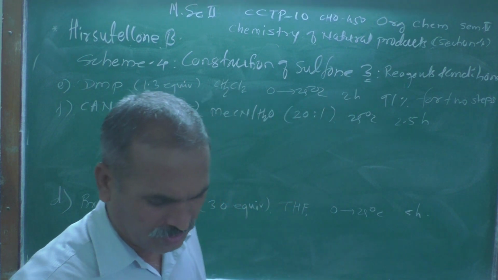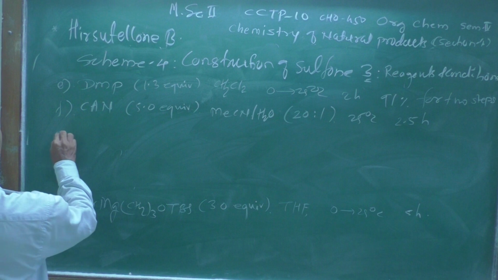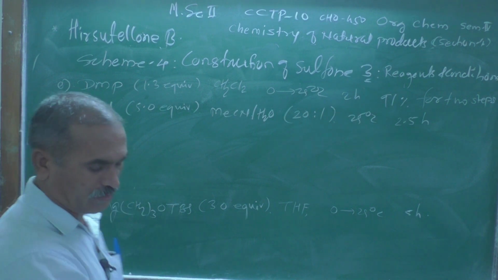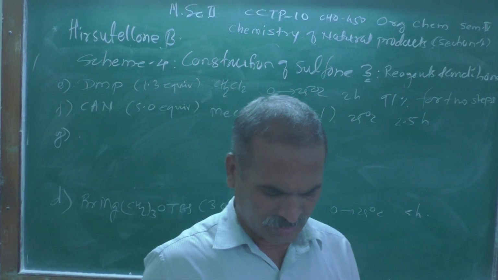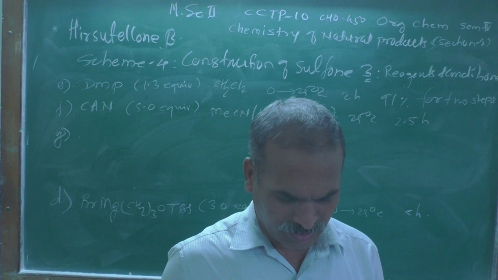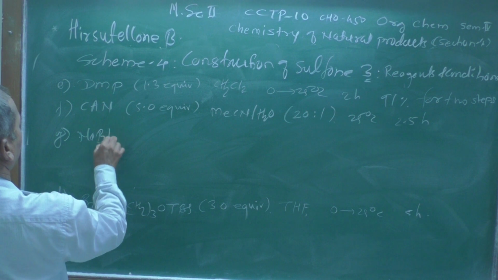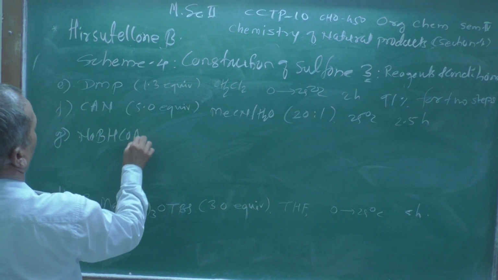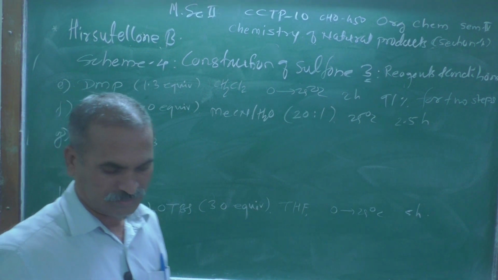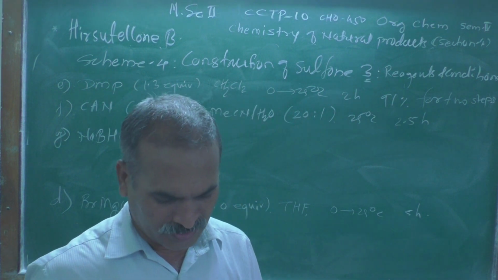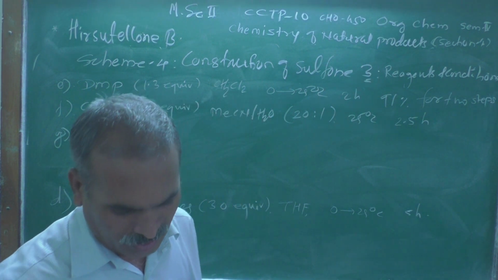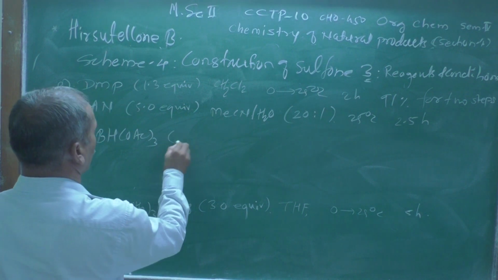Now let's see, next one is the G reagent. The G reagent they have used is NaBH(OAc)3, that is NaBH(OAc) thrice. This is the reagent. How much equivalent they have used? They have used 5.0 equivalent.